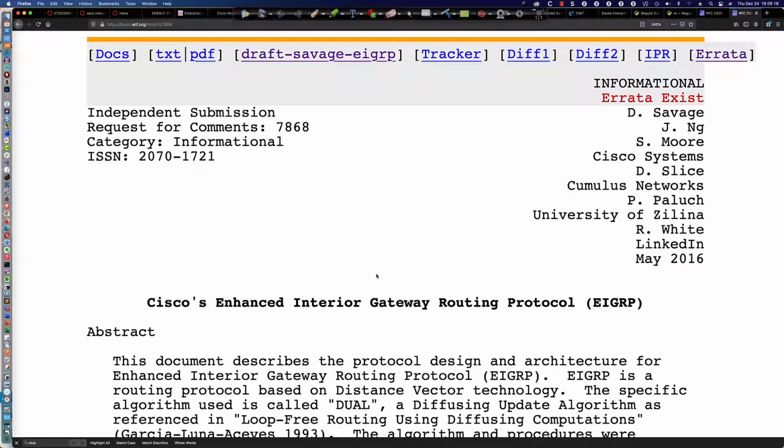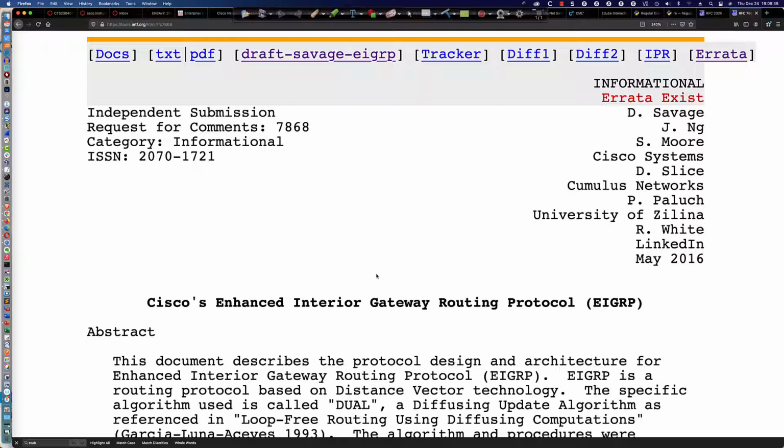Again, the history of why EIGRP was Cisco proprietary for a very long time has to do with the fact that Donnie and the team at Cisco took it to the IETF to propose it as a distance vector standard, a replacement, so to speak, for RIP, which is terribly incompetent as an enterprise routing protocol. I don't want to say it's not a serious routing protocol, but in complex enterprise environments, you're not running RIP.